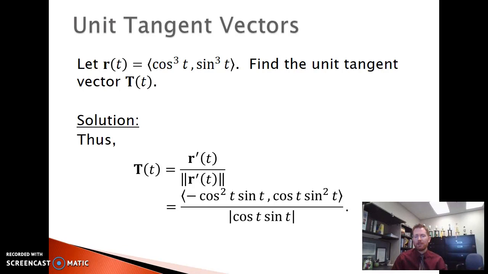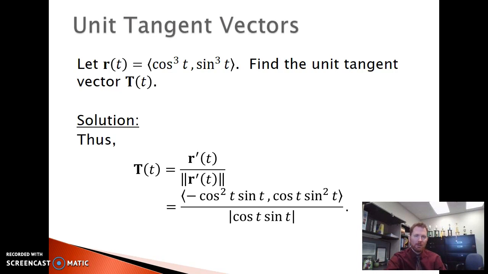If you know that t is, for instance, in the first quadrant, then you could simplify the expression down to just negative cosine t, comma, positive sine t. Nice little two-dimensional simplified vector. But if we're not restricting ourselves to the first quadrant, we do need to make sure that we keep the absolute value symbols around that denominator.